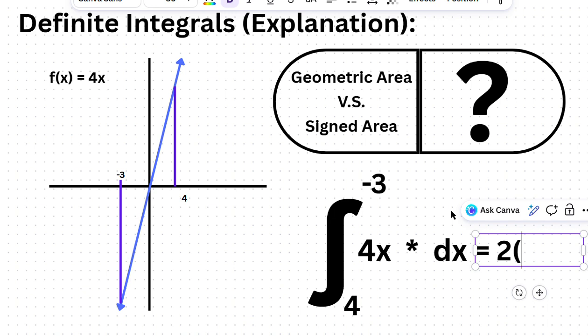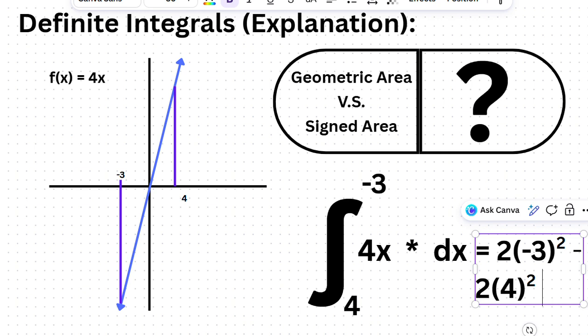So we do 2 times negative 3 squared minus 2 times 4 squared.